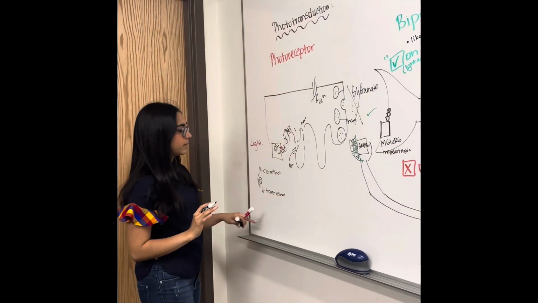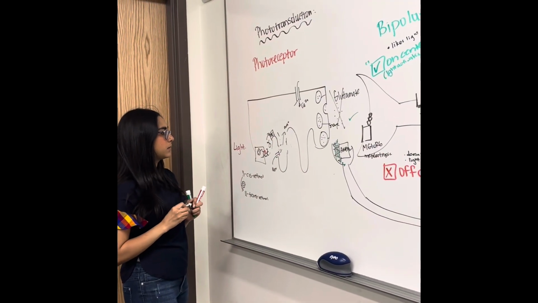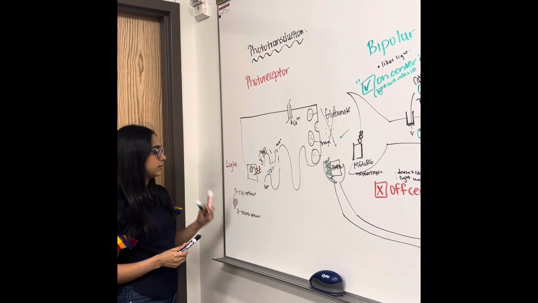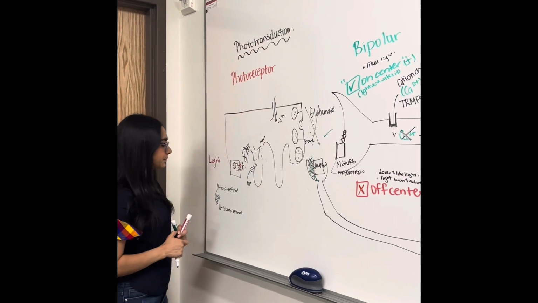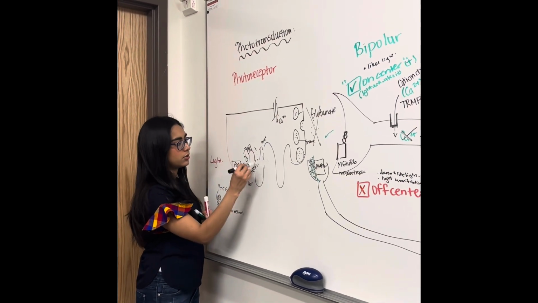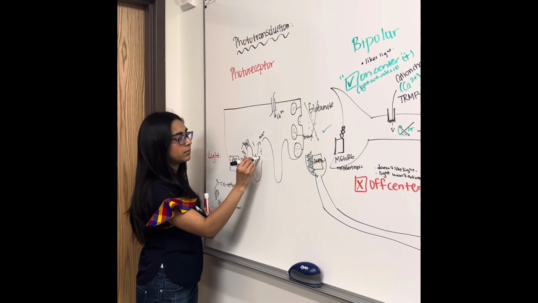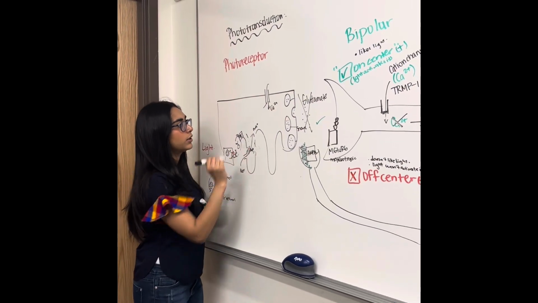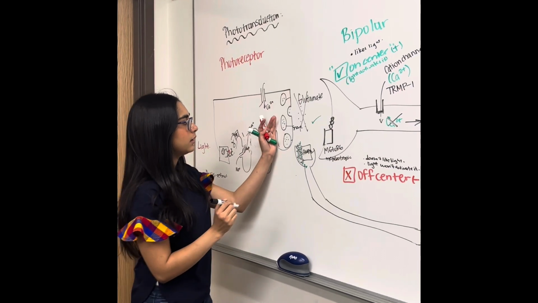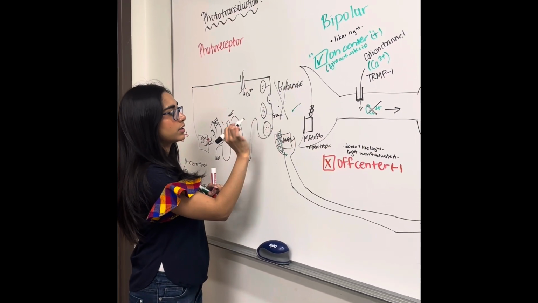Okay, that's when it's light. What happens when it's dark? Okay, no change in transformation. We have our cyclic GMP. Let sodium in, calcium comes here, binds into our vesicles that are attached to our center proteins.